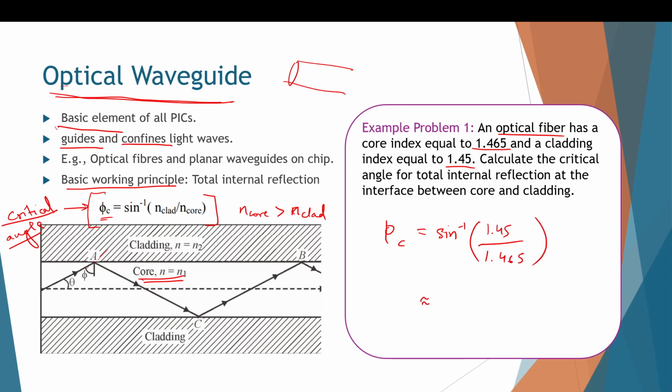If you just do an arc sine of this, you will get somewhere around 81.8 degrees. So every angle that is greater than this 81.8 degrees, based on this working principle, should be confined in the waveguide.